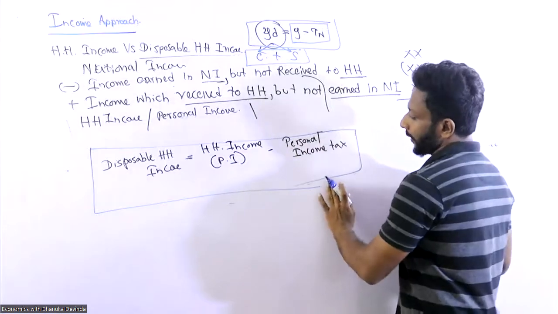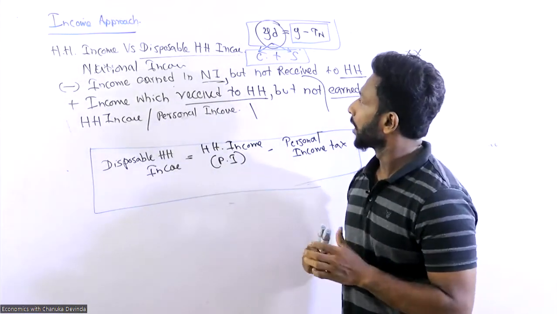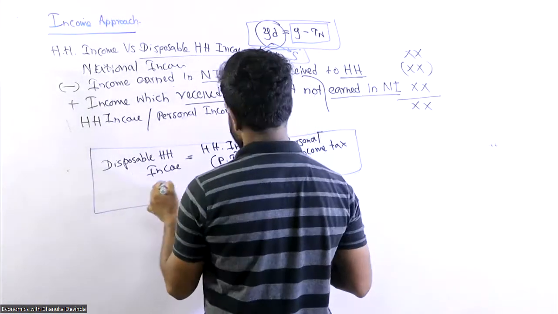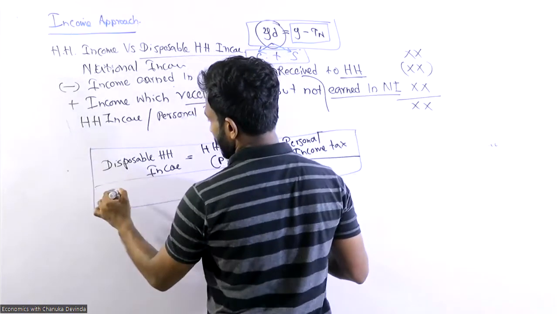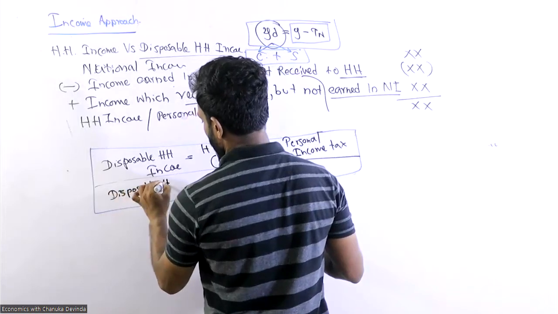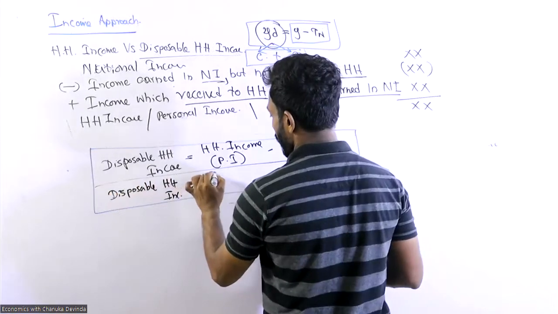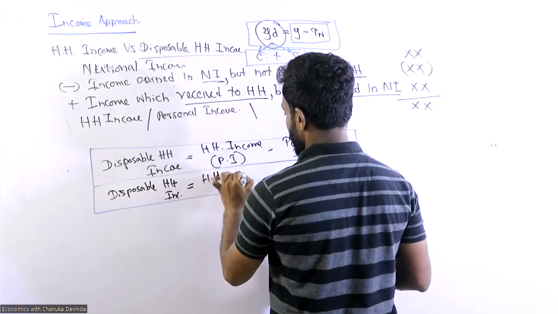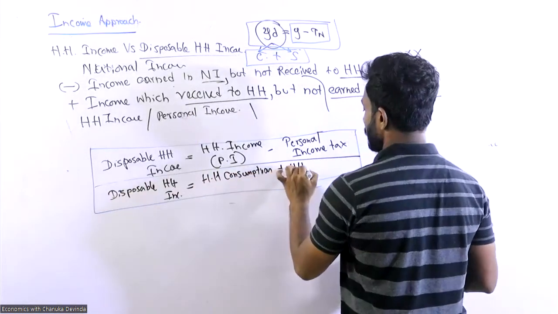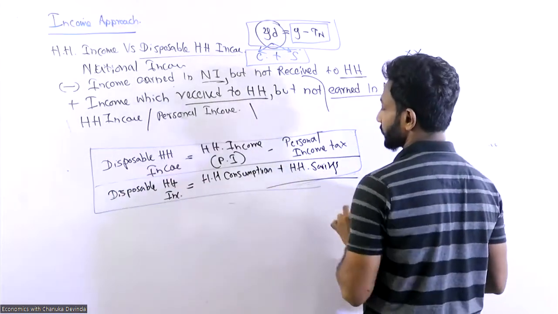This is it. If you want, you can write down the next one as well. What is it? Household consumption plus household savings. Disposable household income is equal to household consumption plus household savings. Both can be written down.